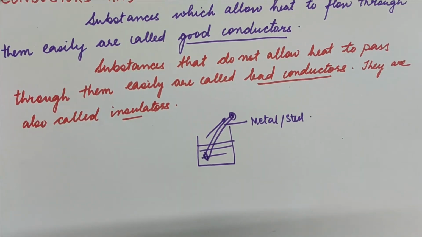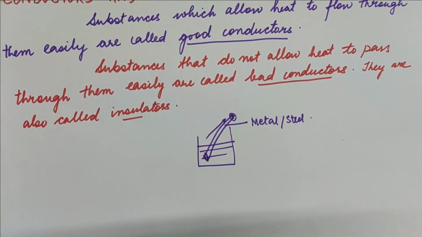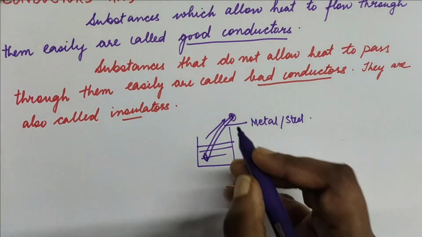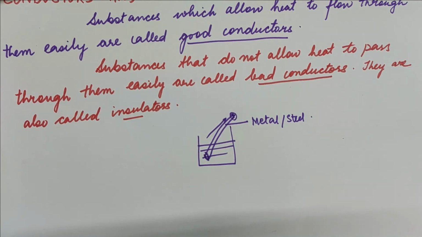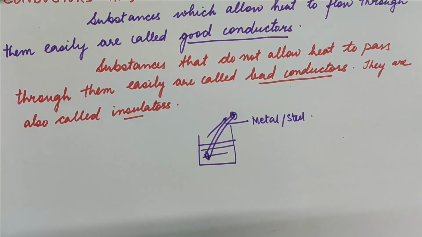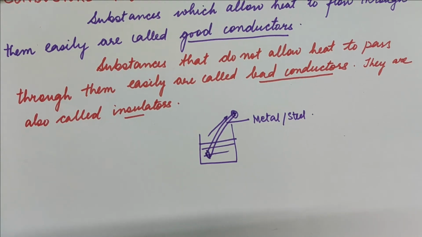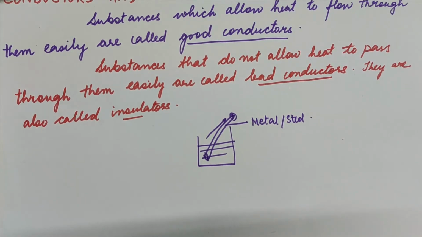Also children, you might have seen the poor heat conductors which are used to reduce the flow of heat, like wood and plastic. As I just told you, the handles of these cooking utensils are made up of wood and plastic. Air is also a bad conductor, or we can say a good insulator. And materials which trap air, like fur, feathers, wool, etc., act as a good insulator.